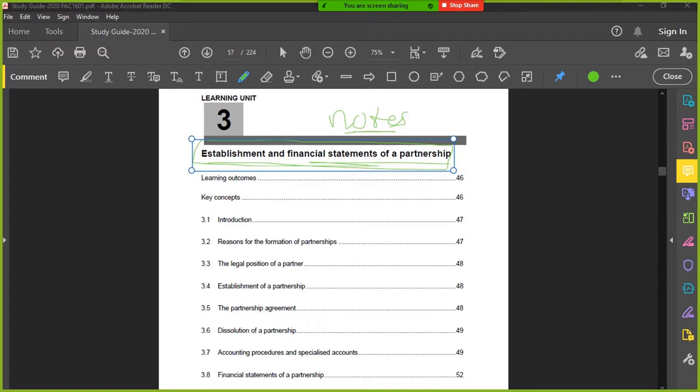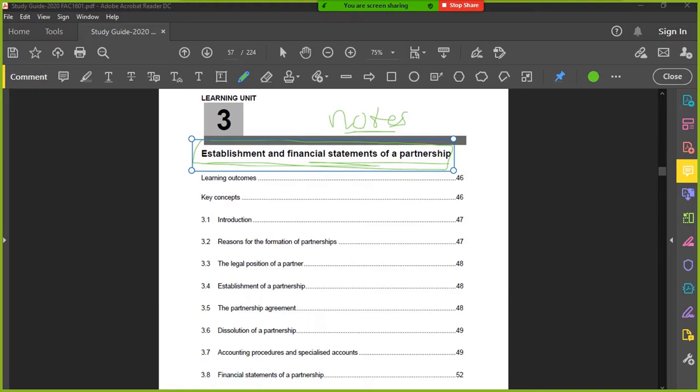Okay, this would be Unit 2. Unit 1 was all basics, looking at FAC 1502, recap in terms of study Unit 1 and study Unit 2. Learning Unit 3 will be for the second set of notes. When I talk about notes, I'm referring to the PowerPoint presentations, the PDFs that I had sent to you previously. Let me just get the right one, the PowerPoint.